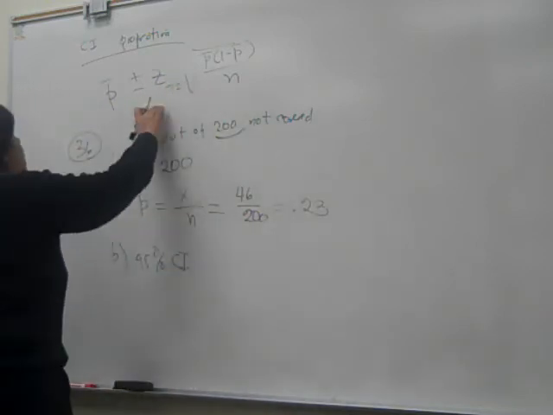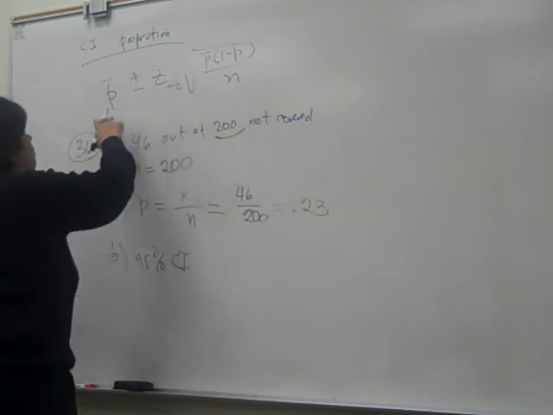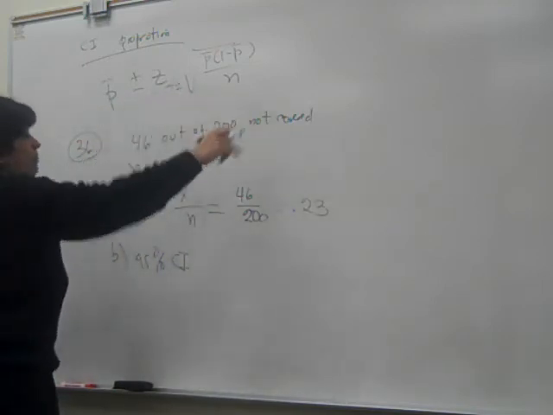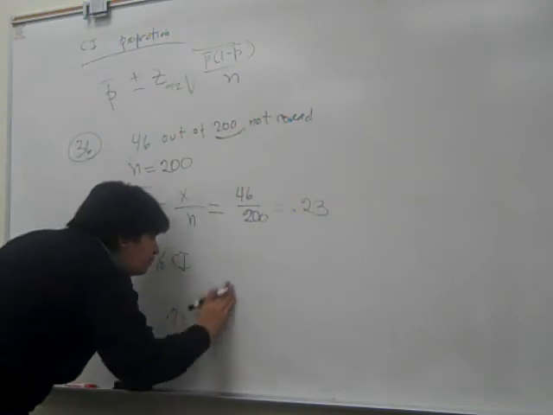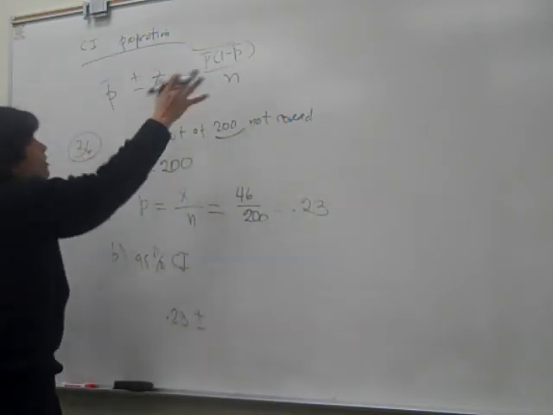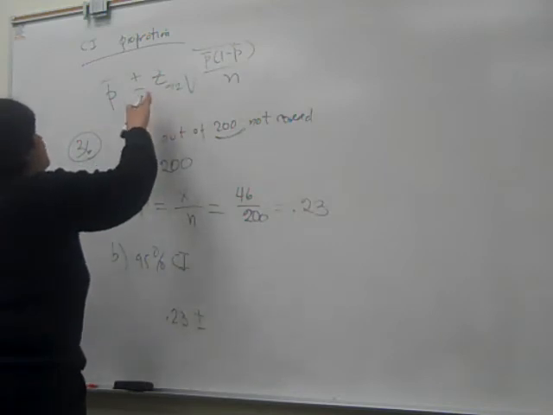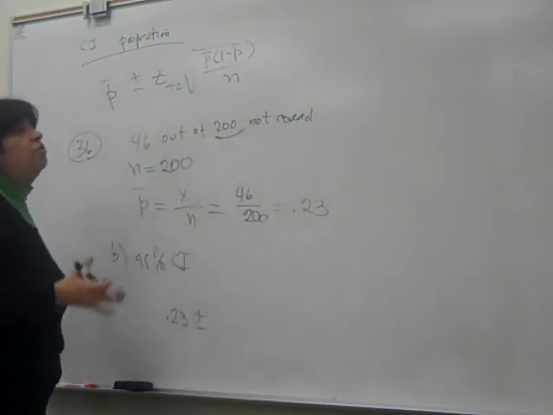Okay, so we're going to use this formula. P bar is 0.23 plus or minus the margin of error, and the margin of error is Z of alpha divided by 2.